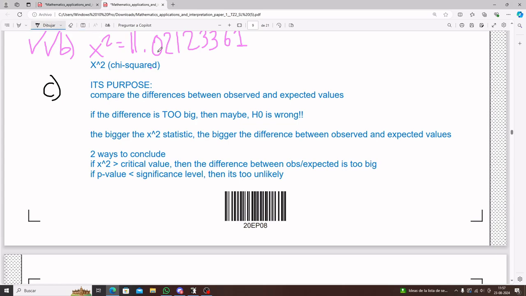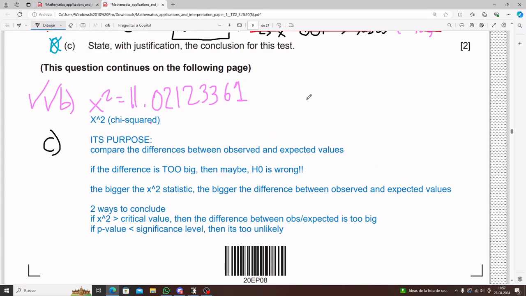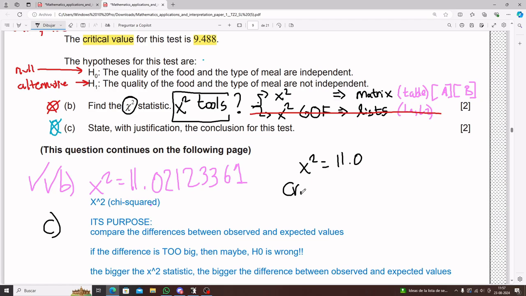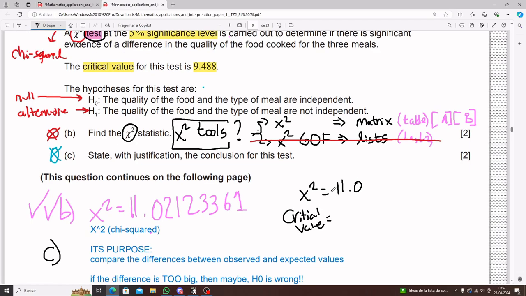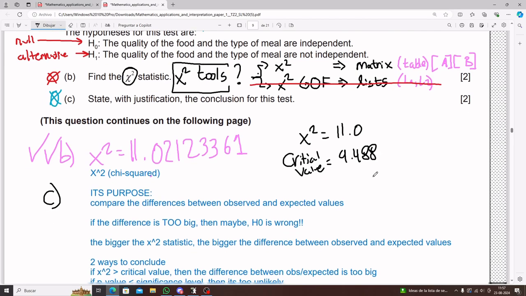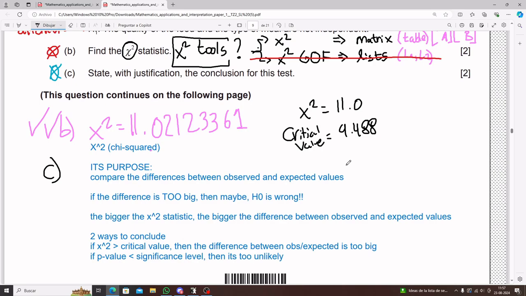So essentially, for concluding, you have your chi-squared, which we said was 11. Let's leave it at 11.0, okay? And you also have your critical value, which they told us was 9.488, okay? So on the one hand, you can say that the chi-squared is clearly bigger than the critical value. And this, by the way, is your justification.